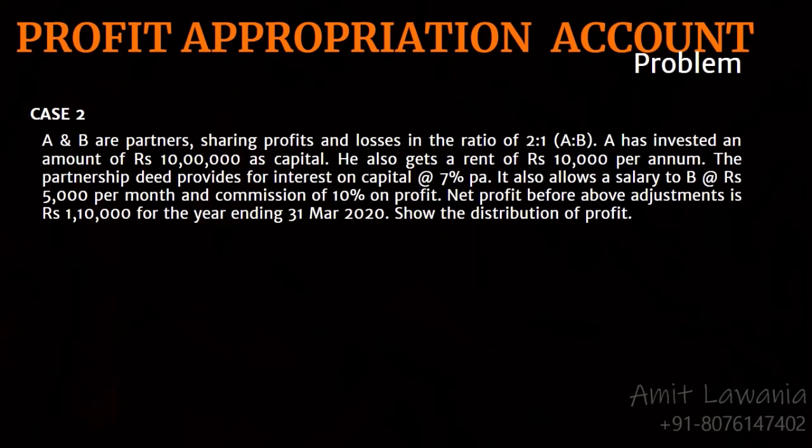It also allows a salary to B at rupees 5,000 per month and commission of 10% on profit. Net profit before above adjustments is rupees 1,10,000 for the year ending 31st March 2020. Show the distribution of profit. Pause the video if you have not noted the question as yet.